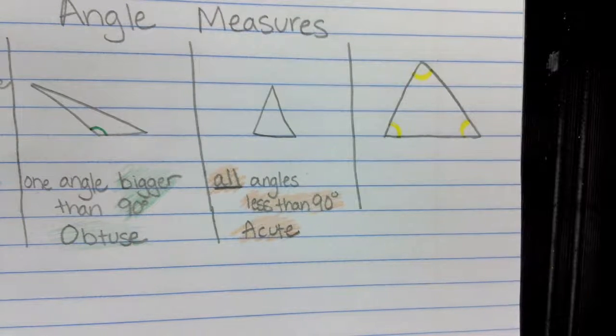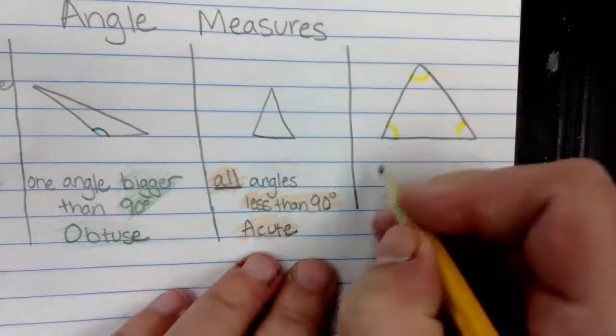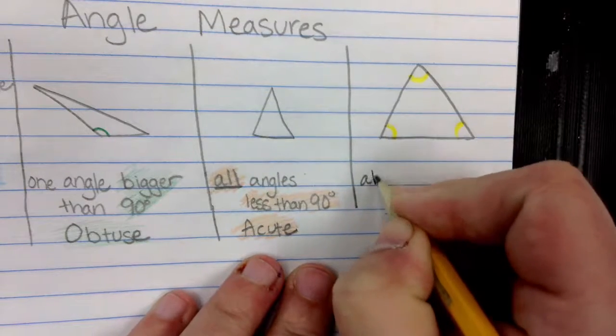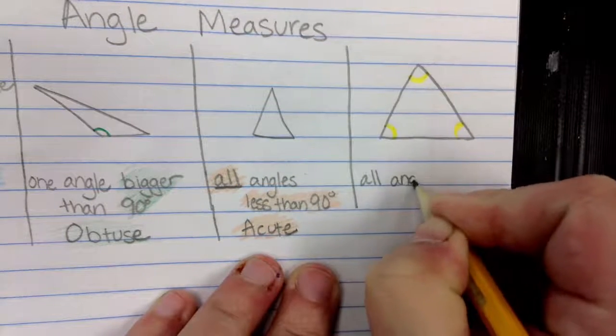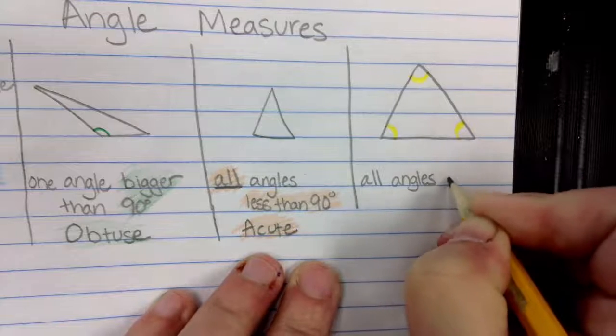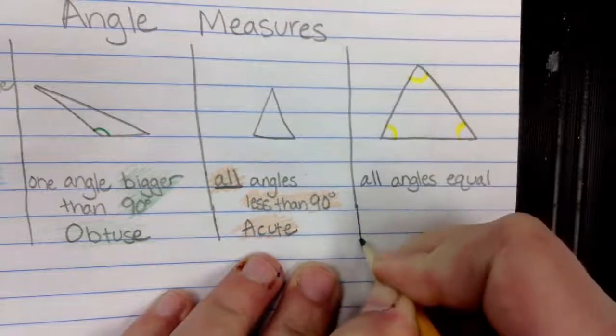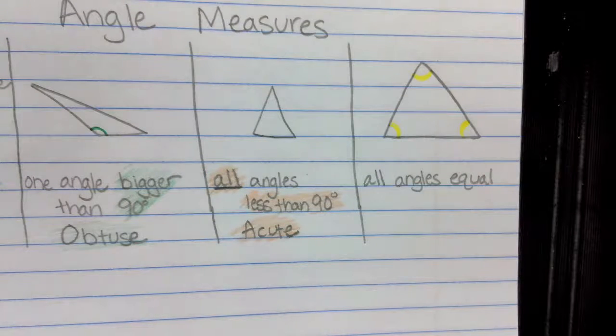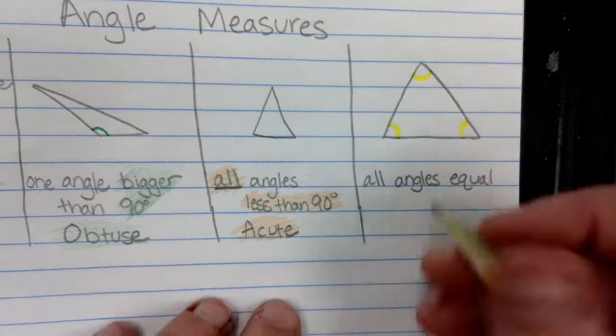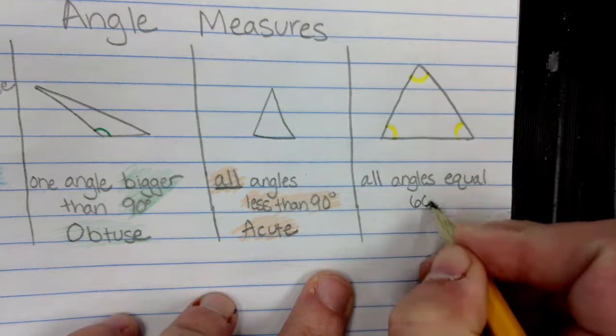So if all the angles are equal, the only way that they're all going to be equal is if they are all 60 degrees. So that's the only time that we will see all angles equal.